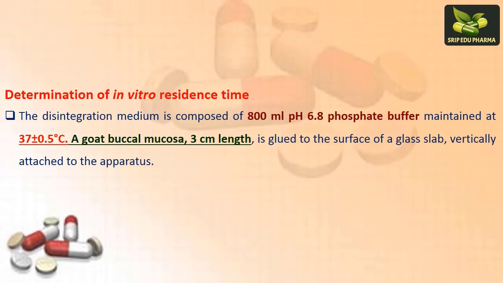A gauze buccal mucosa of 3 cm length is glued on the surface of a glass slab and vertically attached to the apparatus. The glass slab is vertically fixed to the apparatus and allowed to move up and down so that the patch is completely immersed in the buffer solution at the lowest point and is out at the highest point. The time necessary for complete erosion or detachment of the patch of each batch from the mucosal surface is required.